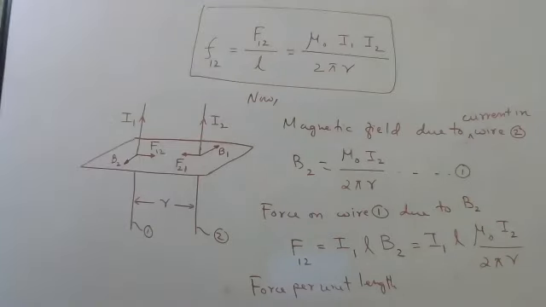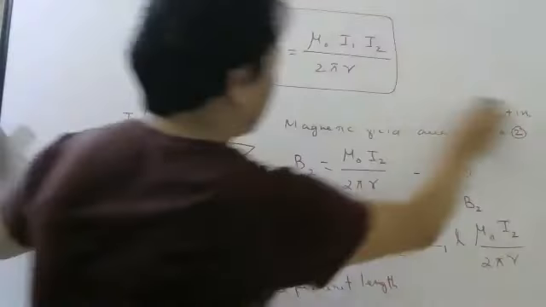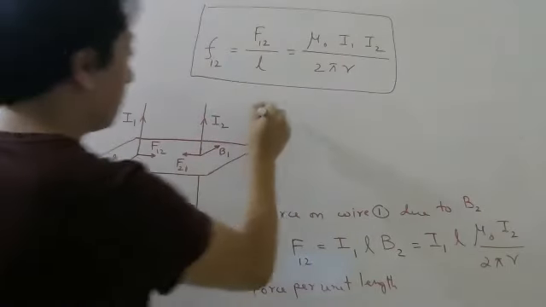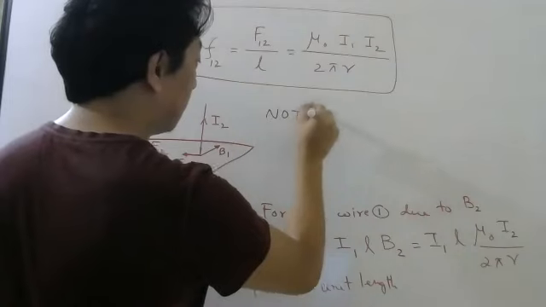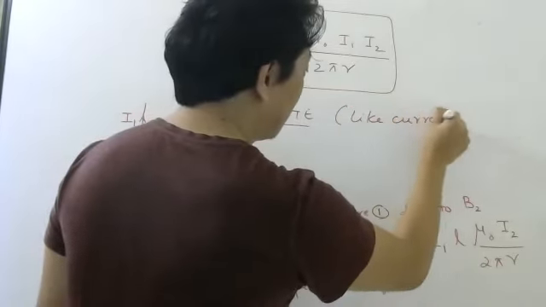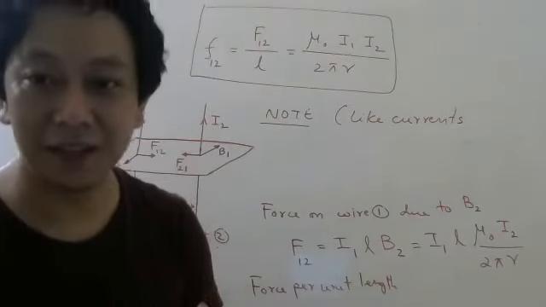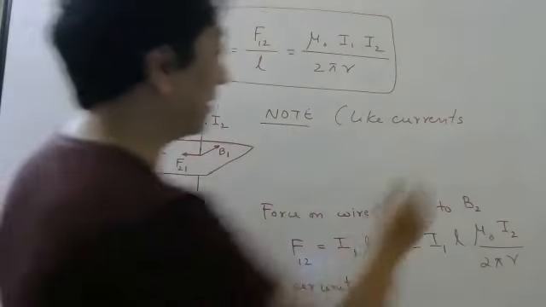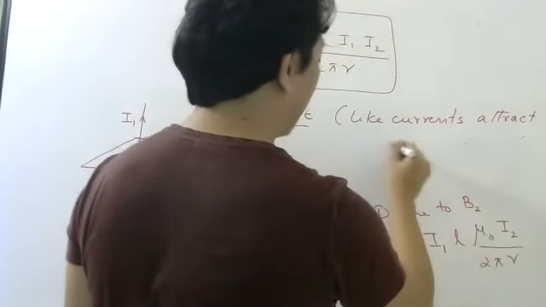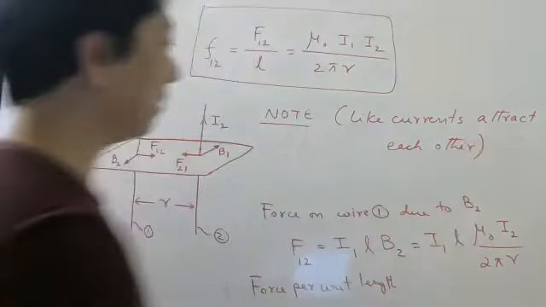So one very important thing, if you have seen this diagram, you have understood something very interesting. And that is one very important note you see. Like currents. Sir, what do you mean by like currents? Like currents mean currents which are in the same direction. Like currents, see the diagram, attract each other. If you don't believe me, check the diagram.